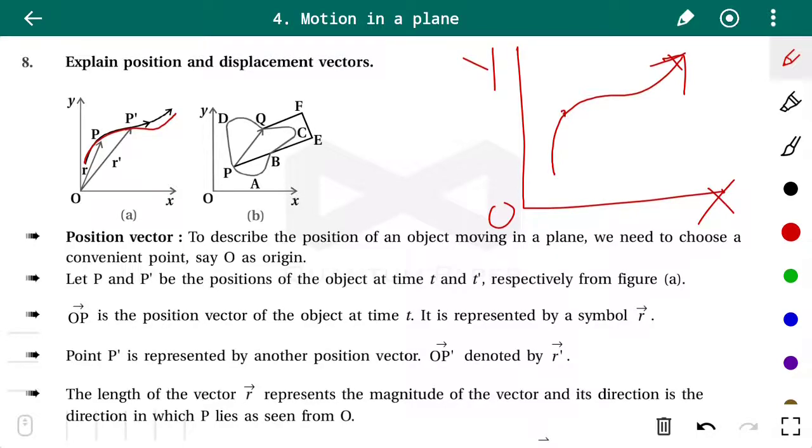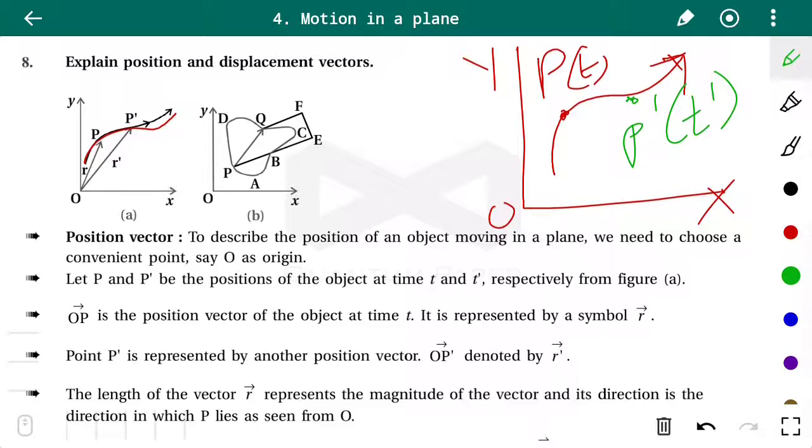And at a particular time t, the object is at point P, and at a particular time t dash, the object is at P dash, that is, P dash is the position of the object at time t dash, right?